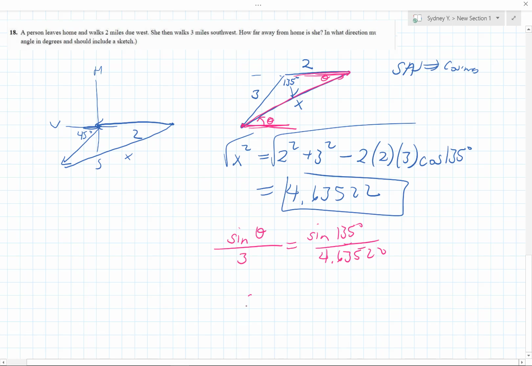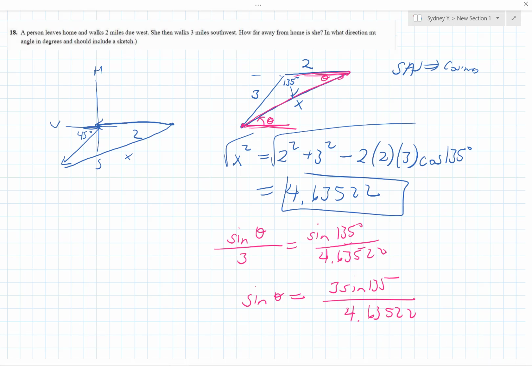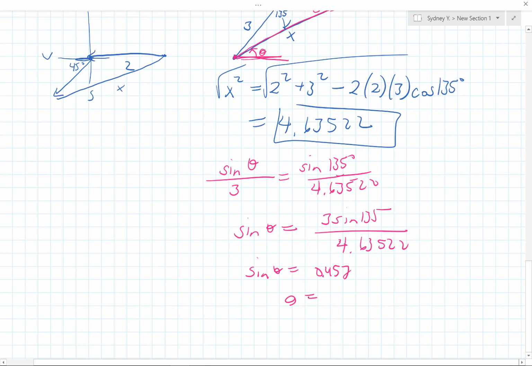Cross multiplying, the sine of our angle equals 3 times the sine of 135, divided by that icky mess. On my calculator, 3 times the sine of 135 divided by 4.63522 is 0.457. Now to undo the sine, I do the inverse sine, which gives me that the angle is 27.23.